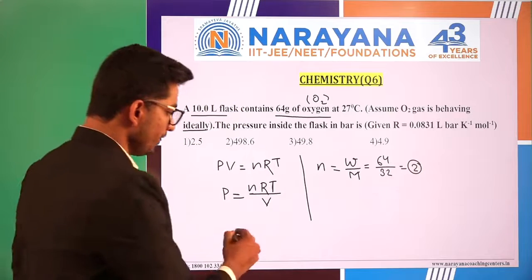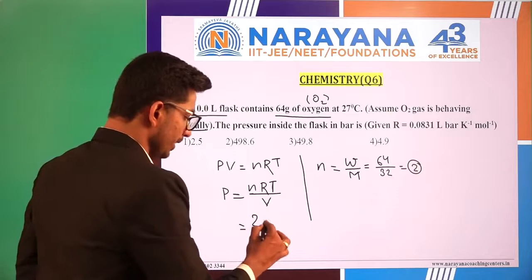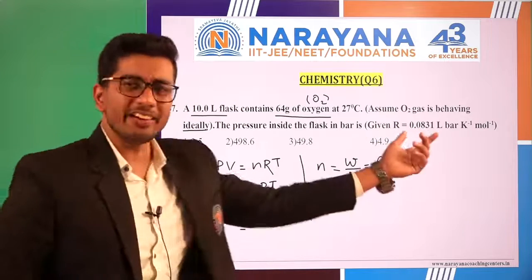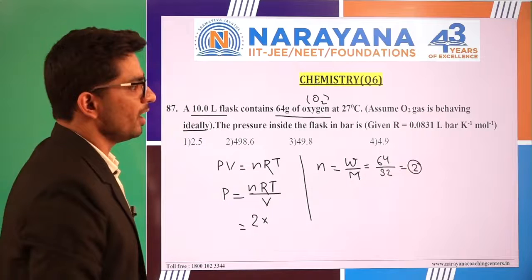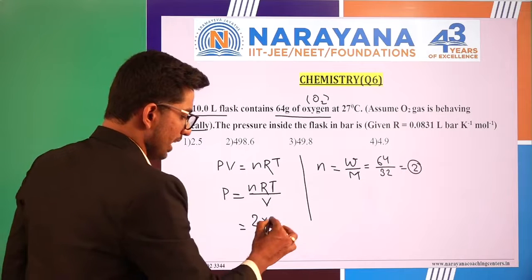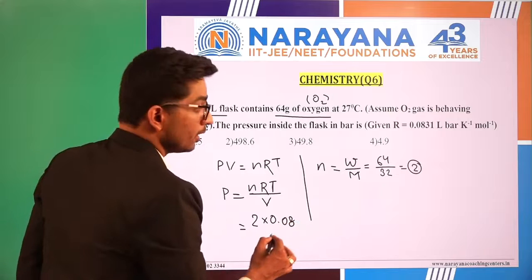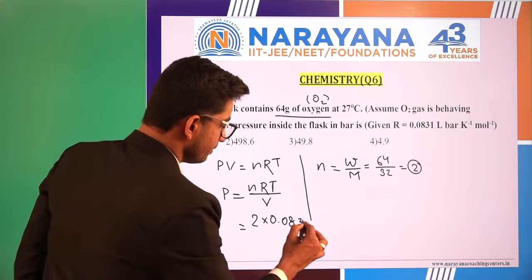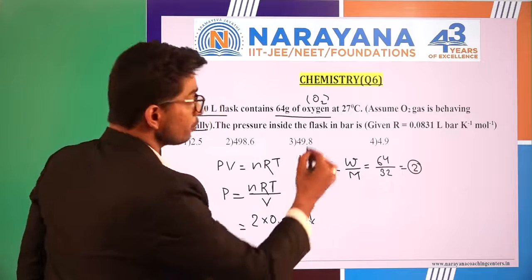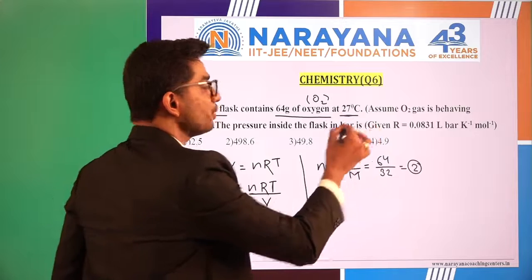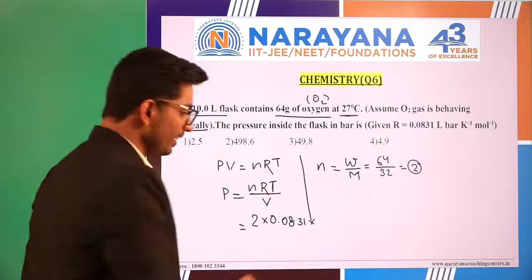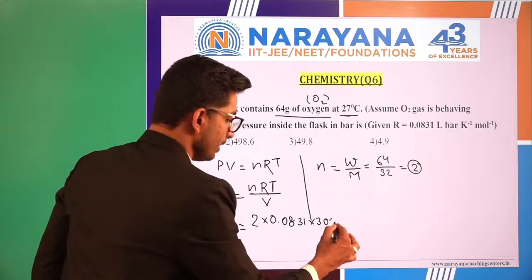Now we put 2 into the expression. The value of R is already given in liter bar per Kelvin per mole, which is 0.0831, into temperature. The temperature is 27 degrees Celsius, we have to get that in Kelvin, so it will be 300 Kelvin.